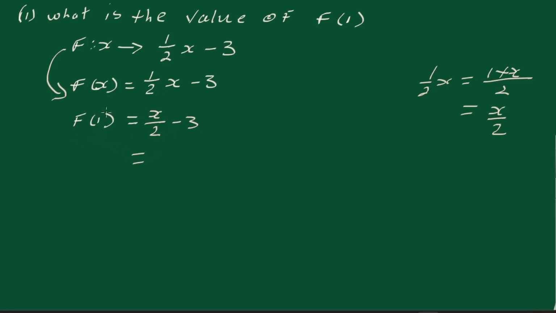Now into this function, we're going to input 1 into the function. So again, this will tell us the input to the function. So anywhere we see an x, we're going to replace it with a 1. So it's 1 over 2 minus 3. And 1 over 2 minus 3 will give us negative 2.5. It's a simple question requiring a basic manipulation of the function.